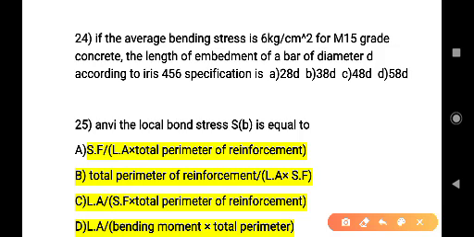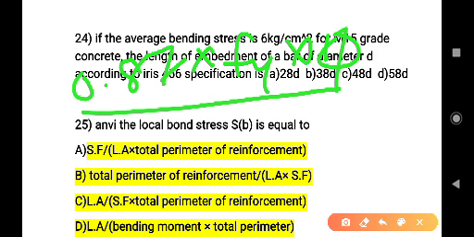Actually, it depends upon bond stress, grade of steel and diameter of the bar. And this is given by 0.87 into Fy into phi, the diameter of the bar, by 4 tau BD.